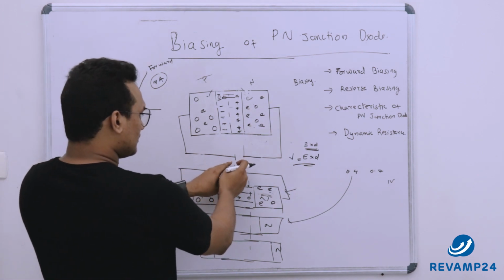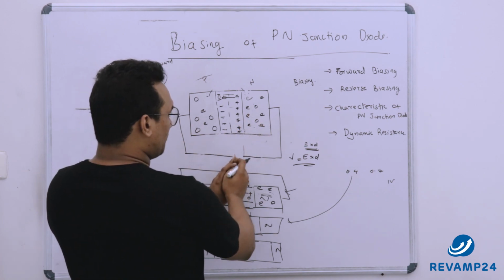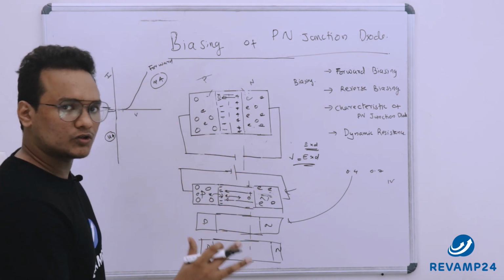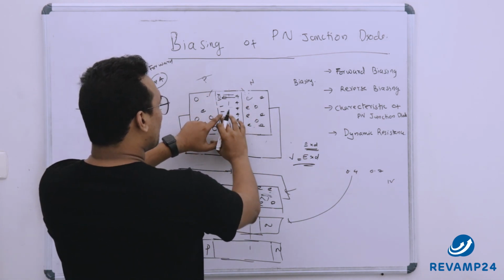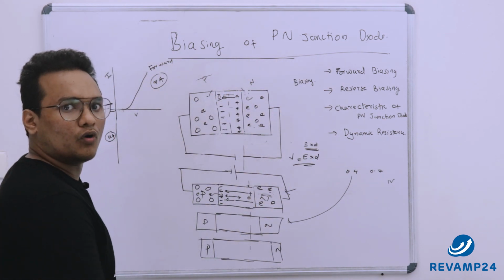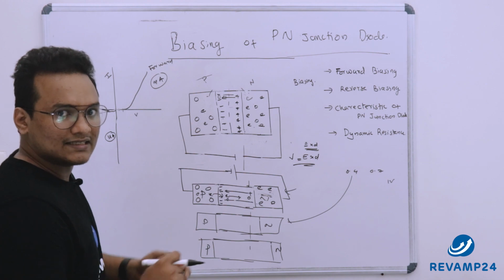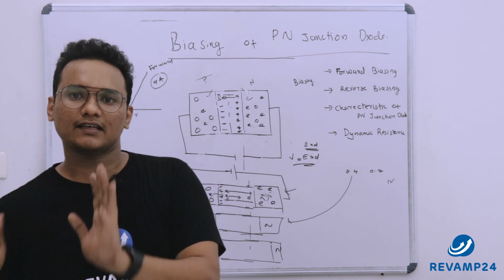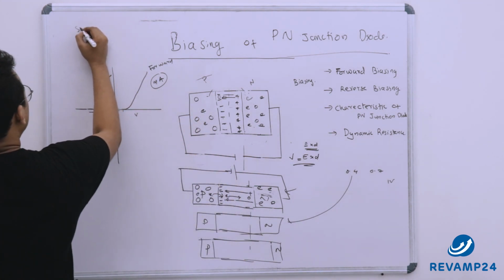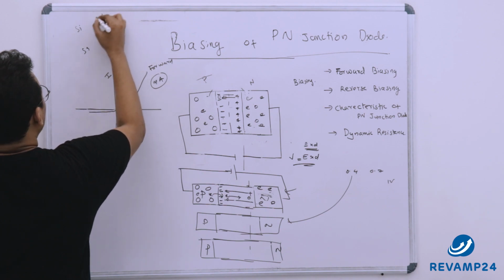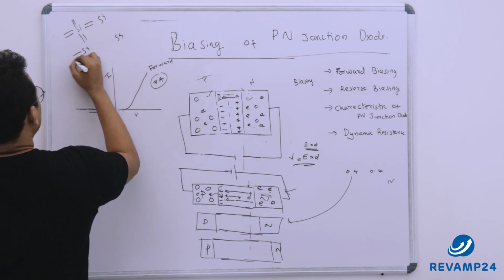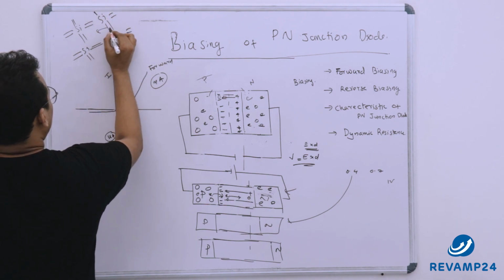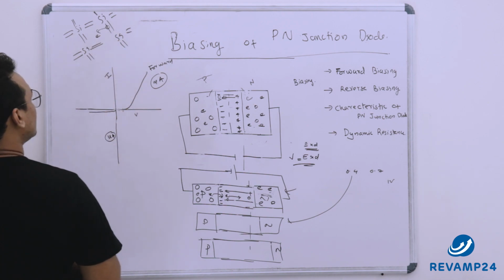But if you increase the reverse biasing beyond a limit, what will happen? This potential would be such a high value that it can make more electron-hole pairs. In an intrinsic semiconductor, there is nothing called majority and minority charge carriers. In a pure silicon crystal, bonded in this way, whenever one electron is generated, whenever it gives out one electron, a hole is generated here.